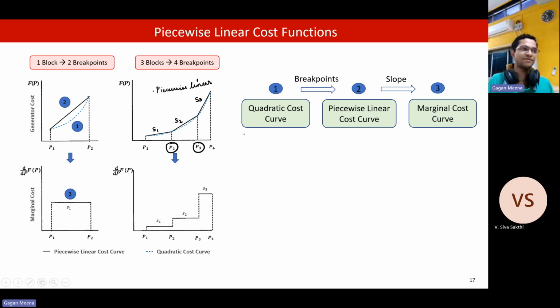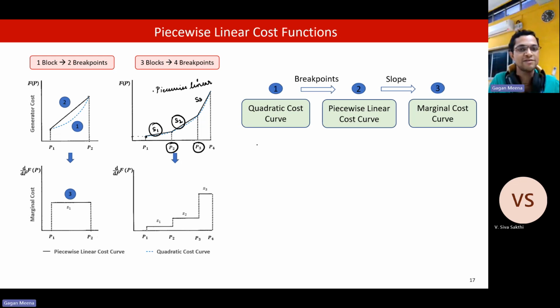First, we have the quadratic cost curve. Depending upon the breakpoints, or how many segments we want, we can generate breakpoints, and then we can divide into these segments. We can calculate the slopes because we know the function.